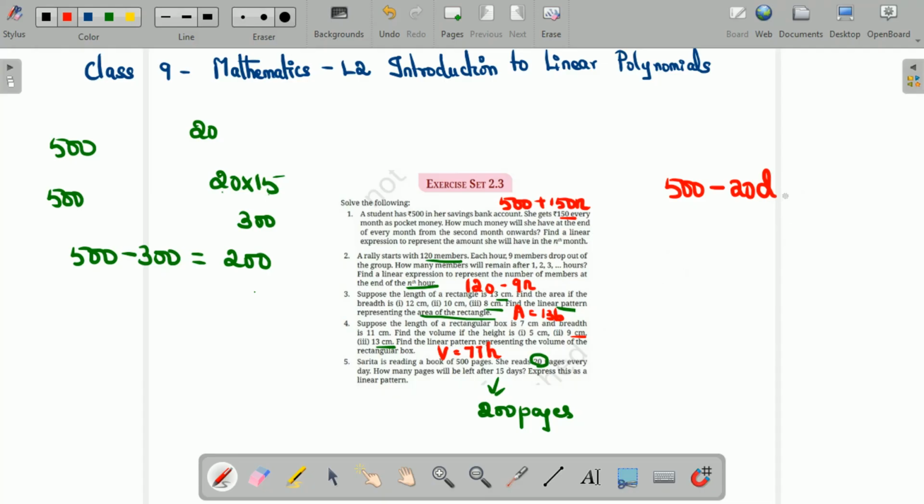So when I say d is equal to 1, she would have finished reading 20 pages. So we can subtract 500 minus 20. She has 480 pages left. If I put d is equal to 2, then she would have finished 40 pages. So 500 minus 40 and so on. So the general linear expression for this condition will be 500 minus 20d.